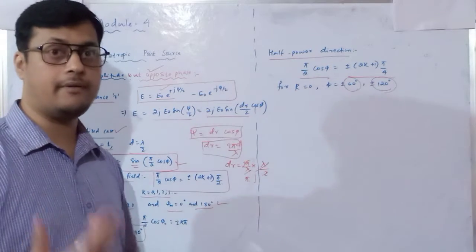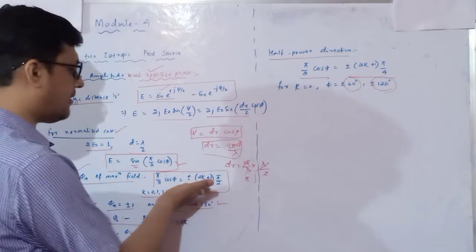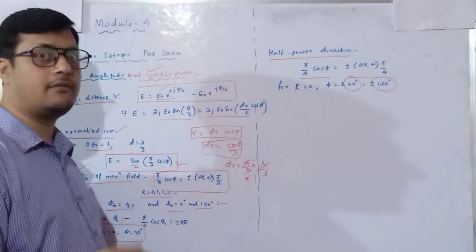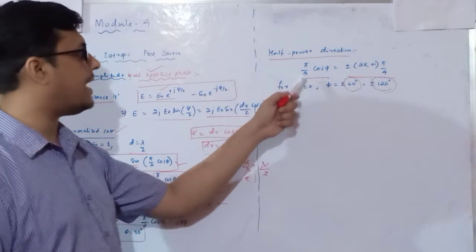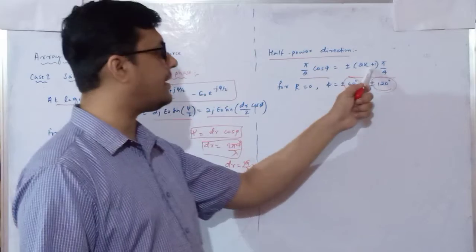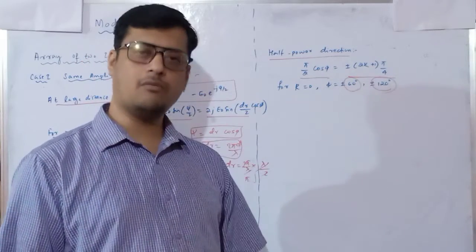And half power, when it is available, if you divide this component by half, then you will get your half power. So I have done pi by 2 cos phi equals plus minus (2k plus 1) pi by 4.